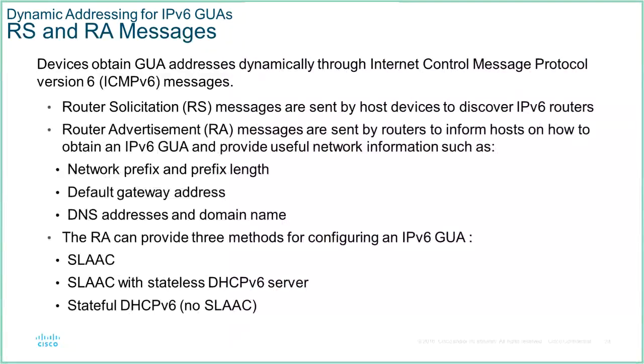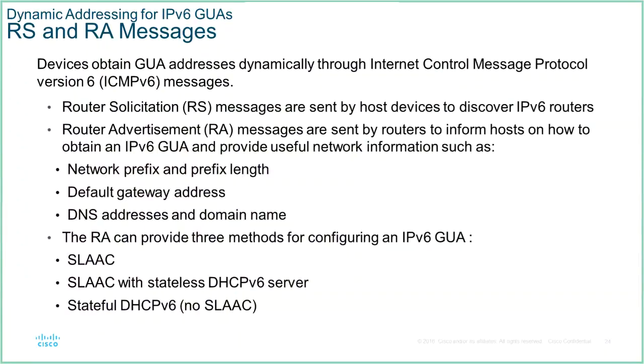Internet Control Message Protocol version 6, so the ICMP for IPv6. They work a little bit differently. They use router solicitation messages to discover IPv6 routers.